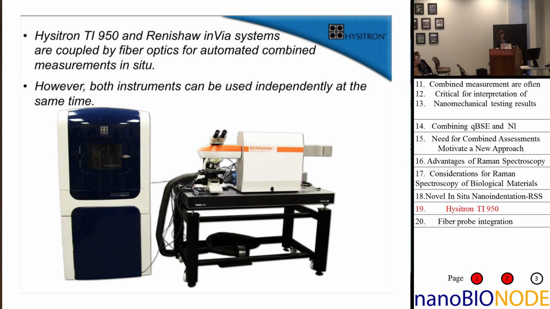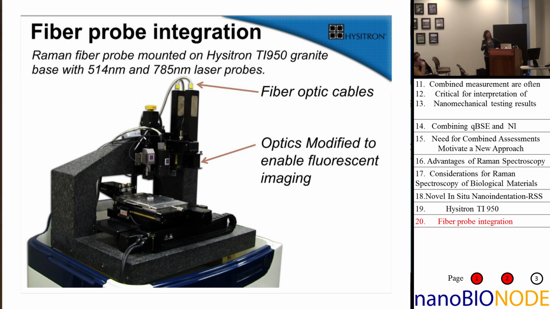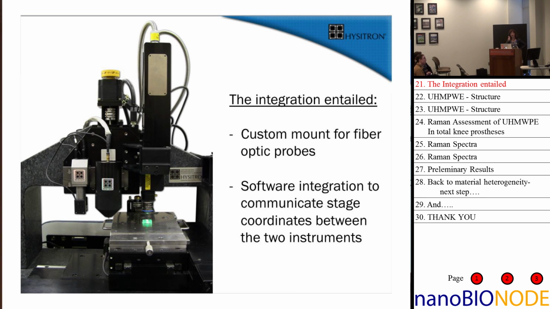So let me just show you a little bit about how they work. They basically integrated 2 fiber optic probes into the optics on the nanoindenter. So in other words, they can maintain the noise floor and all the features that they really like about the nanoindenter, but these fiber optic probes and 3 USB cables are what connects to the Raman system. And so that means that they had to create a custom mount for the fiber optic probes.